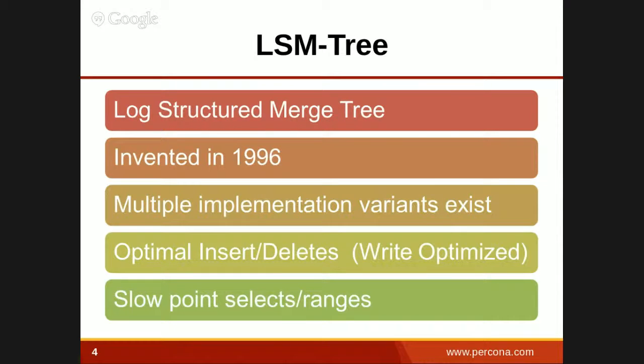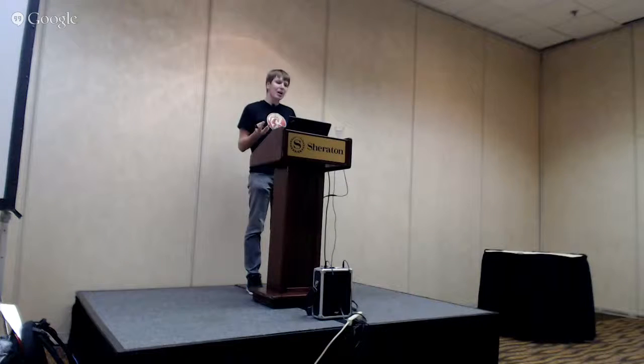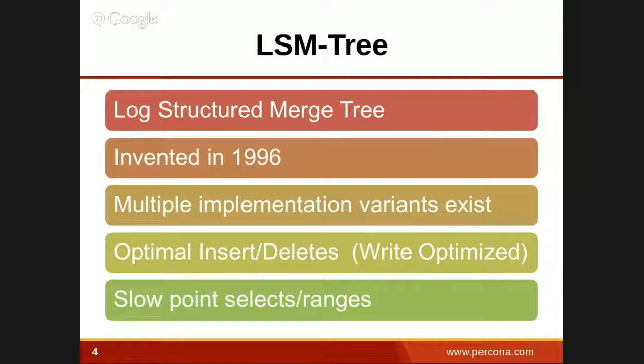Sometimes you have 2 levels, sometimes more. LSM-Trees are what is called a write-optimized storage engine. They can take writes very effectively, pretty much independent of the amount of data stored in the LSM-Tree. But for point selects and for reading ranges of data, they can be quite slow.